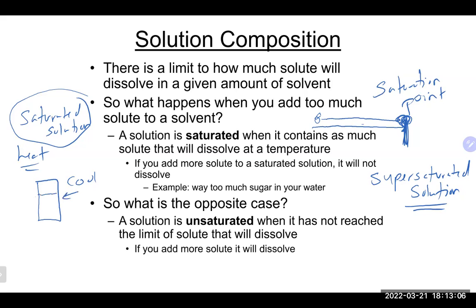So unstable that if you just knock it, or you take one small crystal, super small, you can barely see it, and you drop it in there, it's going to decide, I've got too much dissolved. And because it's relatively unstable, all the solid will just come right out of the solution. Because it cooled back down, you have way too much dissolved in it. And that's basically the supersaturated solution part of it.